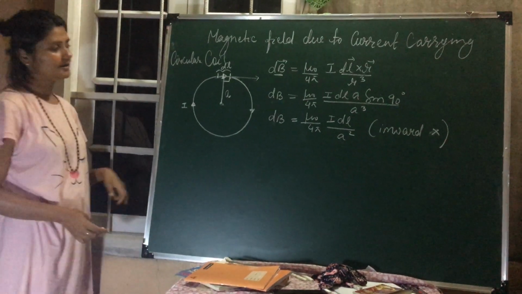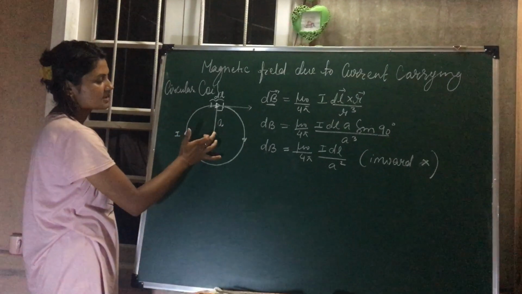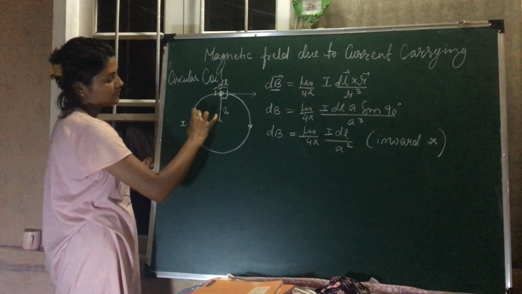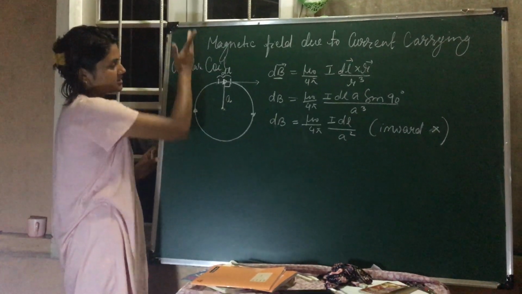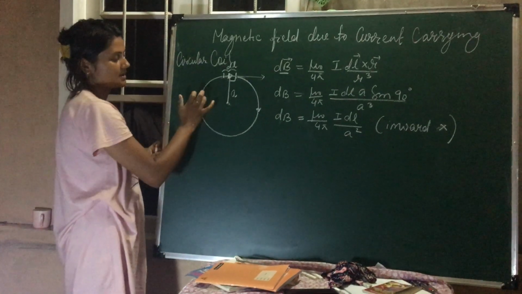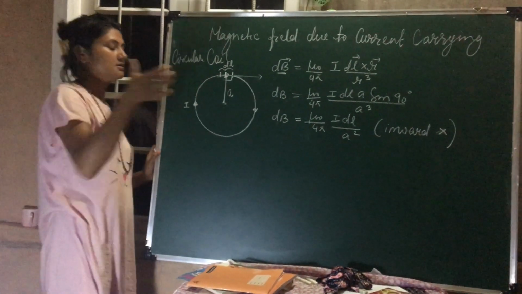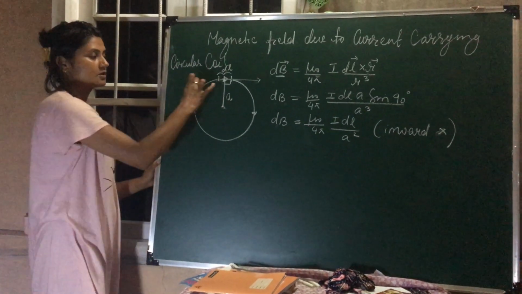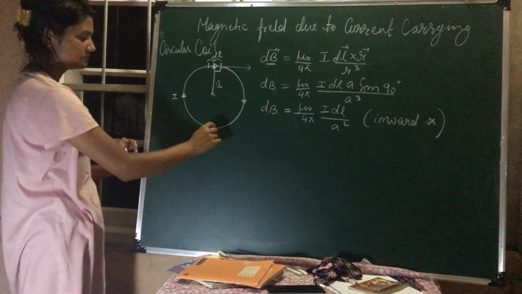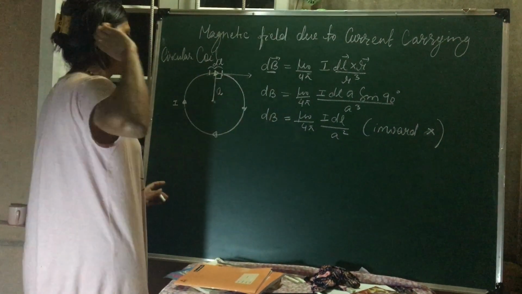Similarly, let us use the Biot-Savart law for another elemental section. Here too the angle between dL and A is 90 degrees, and the direction of the magnetic field is inward. Even for this section, inward.